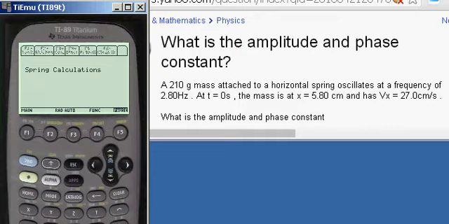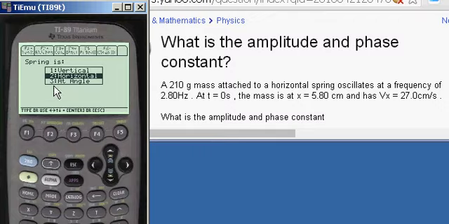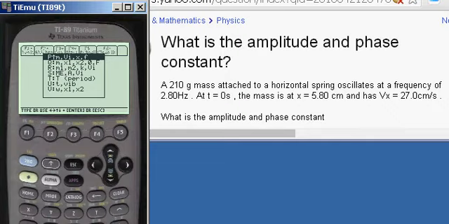So anyways, we're at spring calculations, and we want to do a horizontal spring. Number 2. You can press the numbers or scroll to it with your cursor here, or press the number 2, and then we're going to find the variables, and we have mass here.